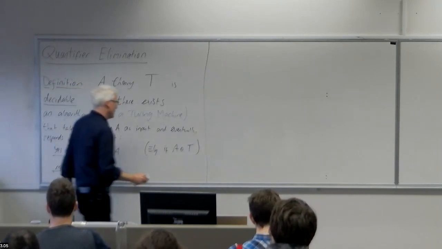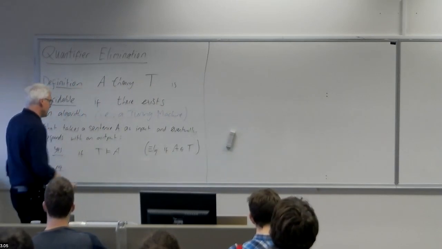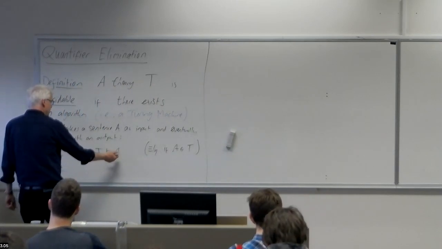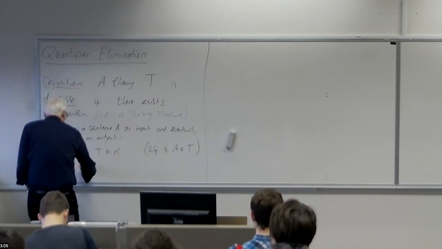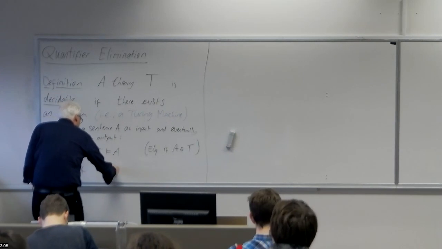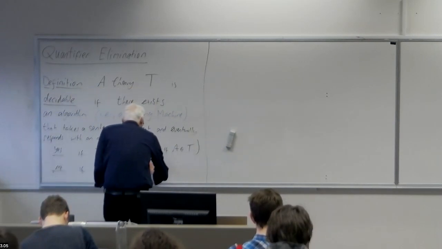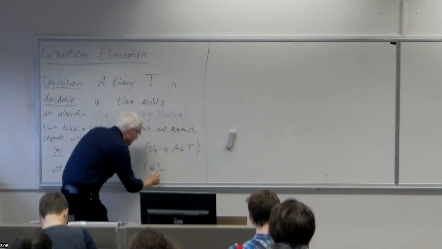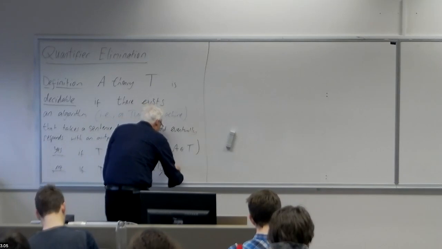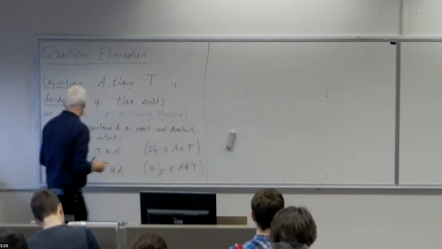So we're not looking for truth, we're looking for validity. So yes if it's a logical consequence of the theory, and no if it's not a logical consequence of the theory. So A is not a logical consequence of the theory, or equivalently, if the sentence A does not belong to T.